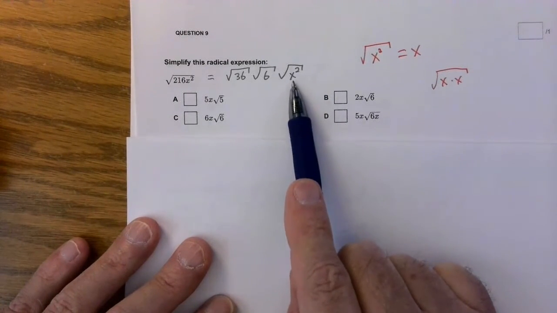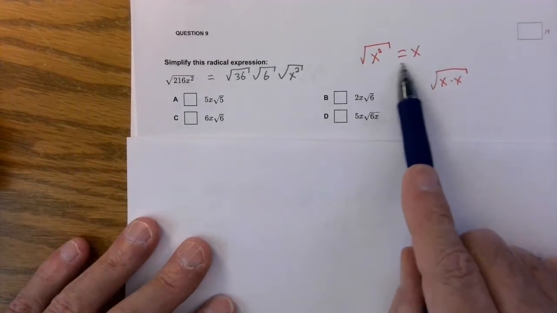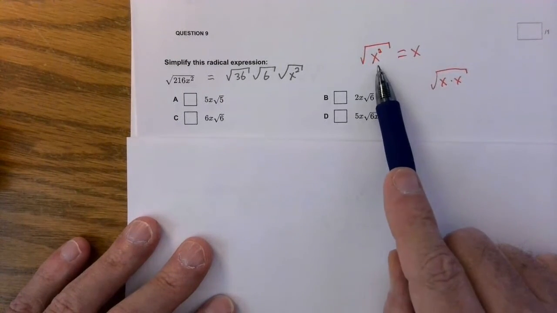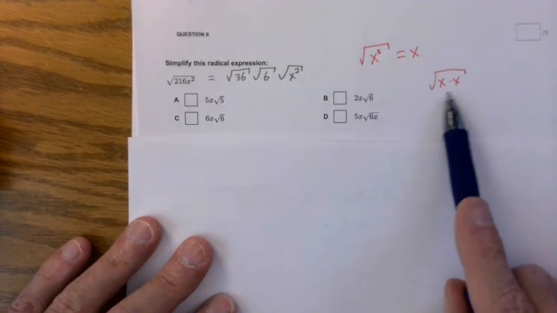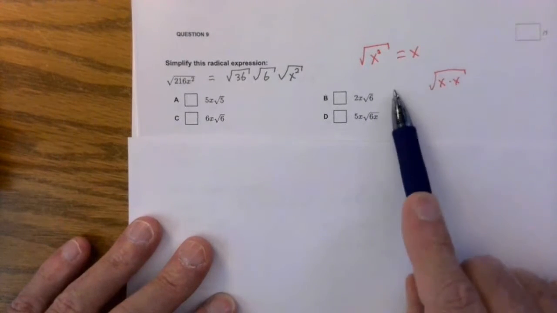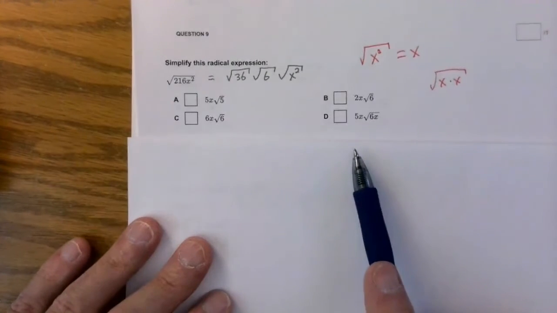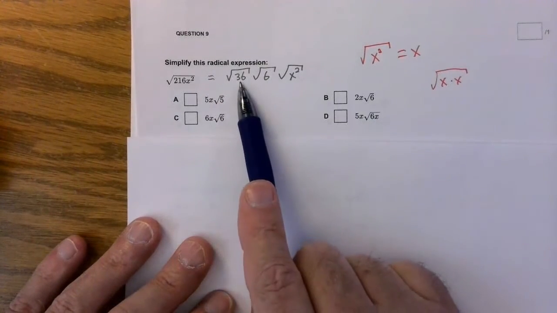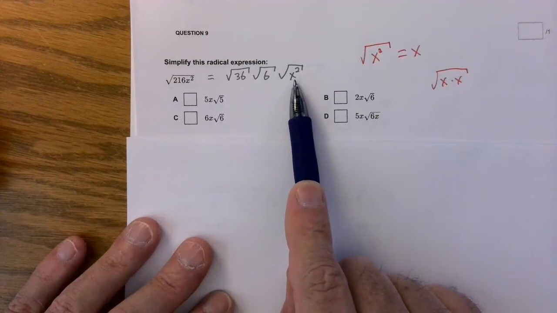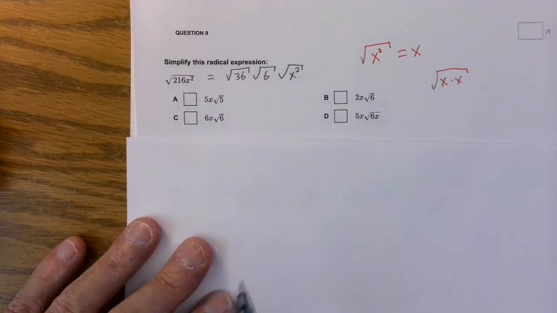The square root of x squared, as it says right here, is just x. All right, because again, x squared means x times x. There's two of them inside, then you can take one of them outside. All right, that number is 6. That number is x, and they're both going to be in front now.